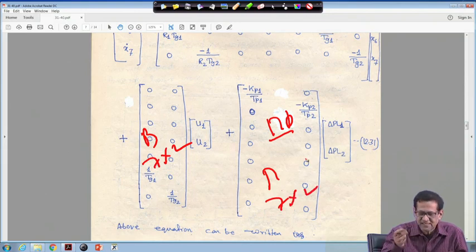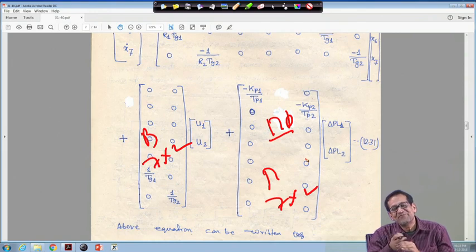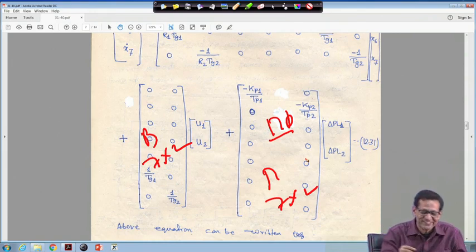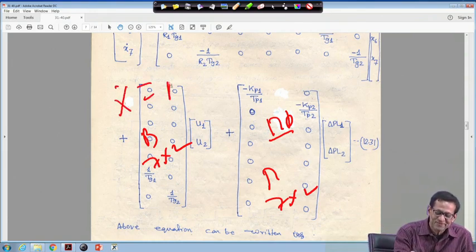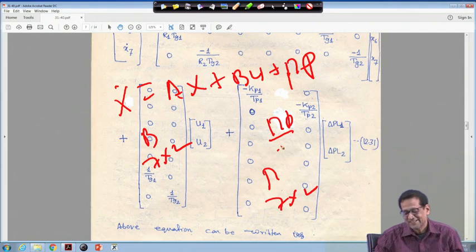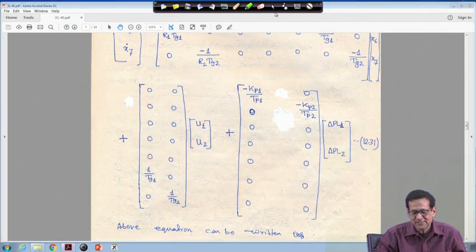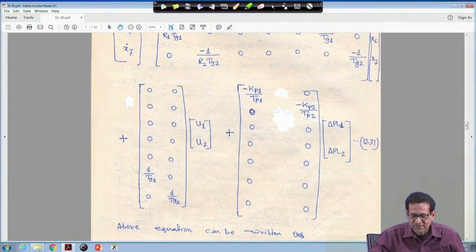I thought I made p 7 into 2, but it is the gamma matrix, because the equation is x dot is equal to Ax plus Bu plus gamma p, right. So, it is a gamma matrix and p is nothing but PL1, PL2, right. So, this is 7 into 2. So, this is your equation, right.